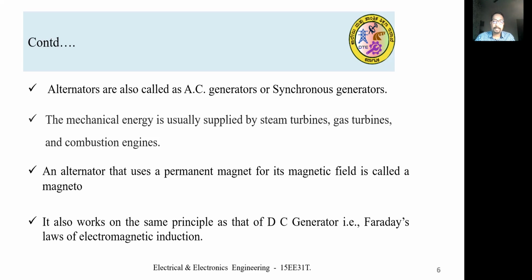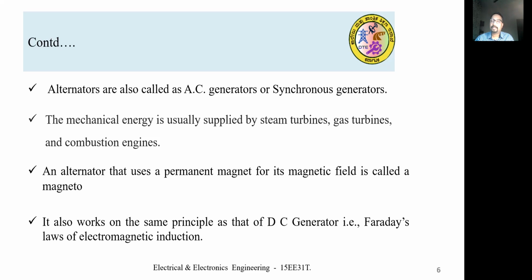Next point. It also works on the same principle as the DC generator, that is Faraday's laws of electromagnetic induction. As we know, the basic principle of working of a DC generator is Faraday's laws of electromagnetic induction. Similarly, an alternator also works on the same principle.